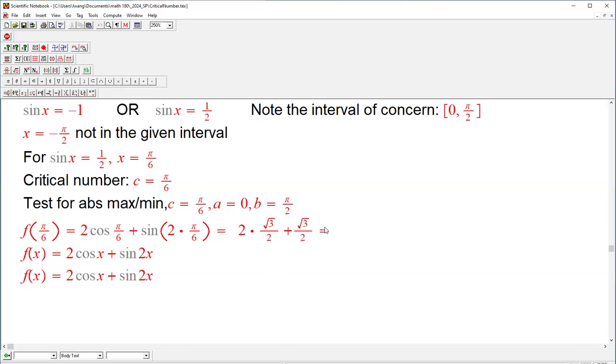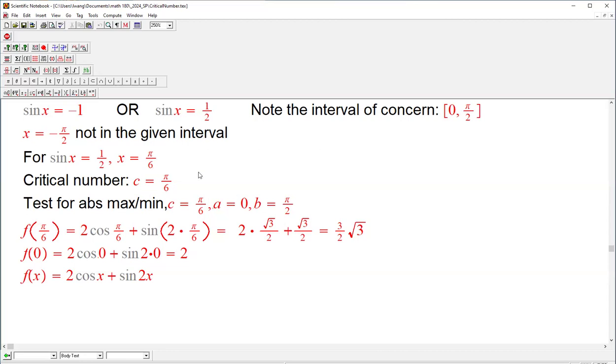So what do we have now? We basically have 3/2 of root 3, okay, so that's the number. And 0 times 0, so that's going to be 0, and this is going to be equal to 2. Cosine 0 is 1, so this is 2.